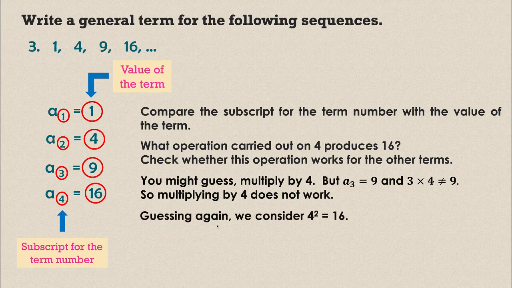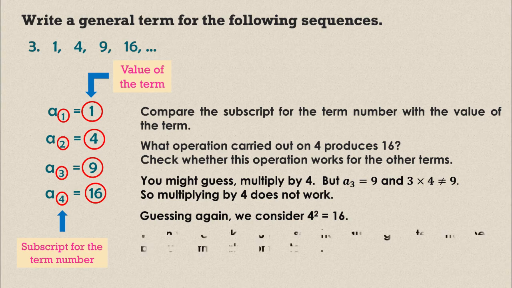If you try guessing again, you can consider squaring 4. So 4 squared is equal to 16, right? Now check that rule with all the other terms. So let's square 3. 3 squared is 9. Check. 2 squared is 4. Check. 1 squared is 1.